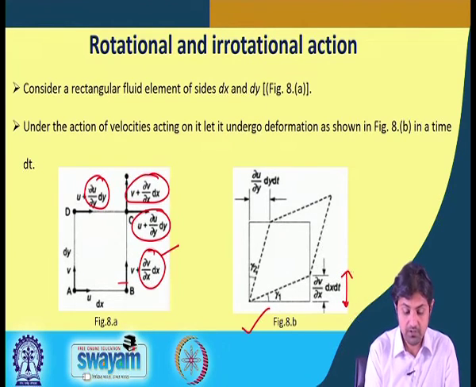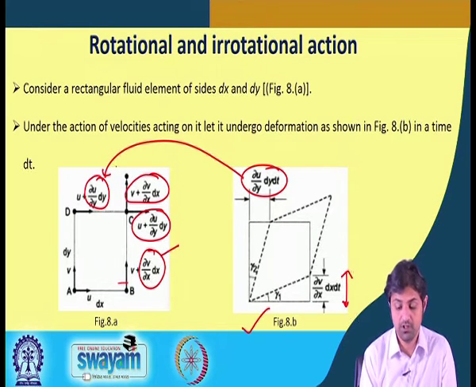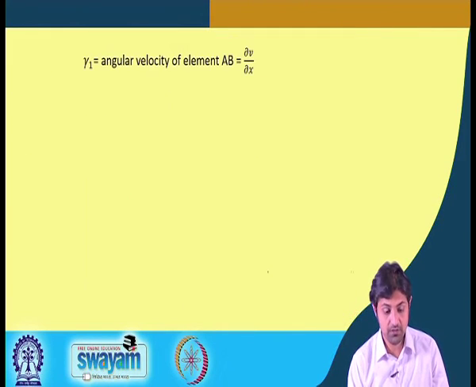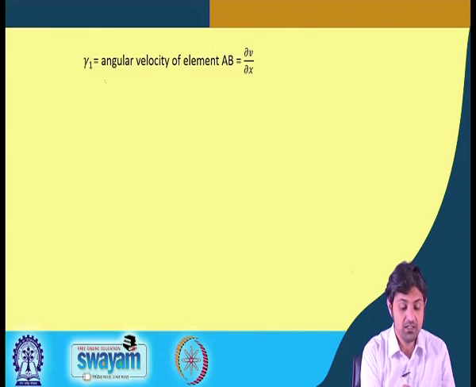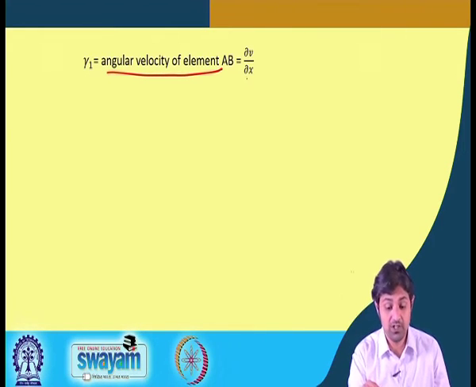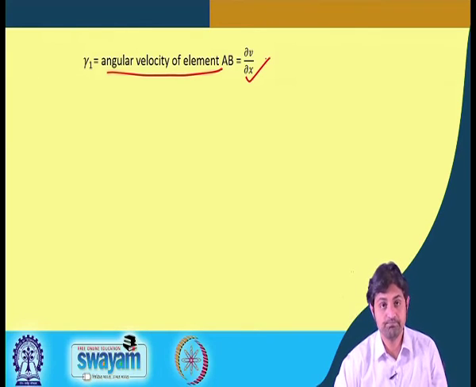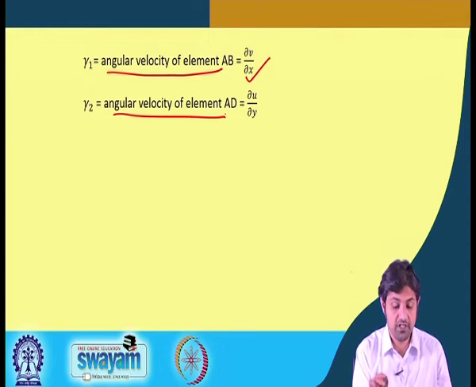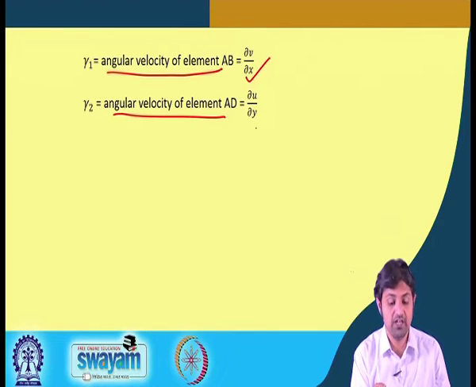Similarly, this will be coming from here multiplied by dt, and if this angle is gamma 1 and this is gamma 2. Gamma 1 here is the angular velocity of element AB, which is equal to del v by del x. Gamma 2 is the angular velocity of element AD, that is del u by del y.